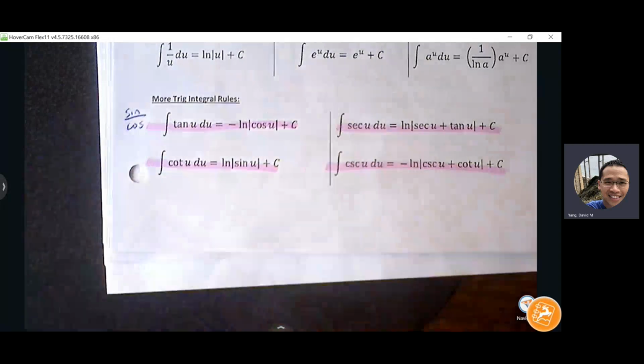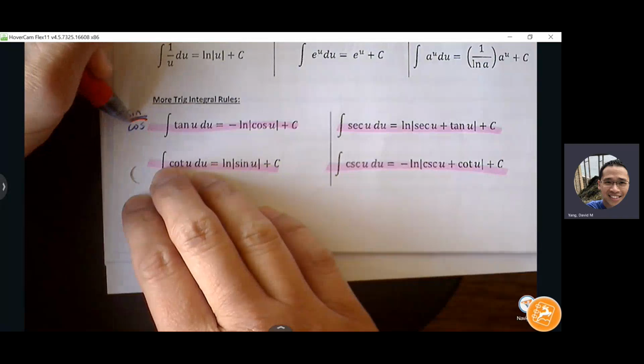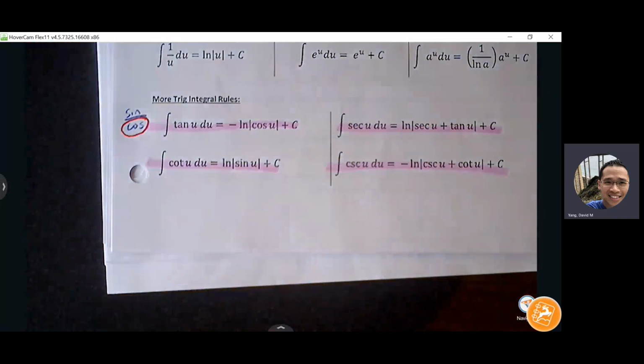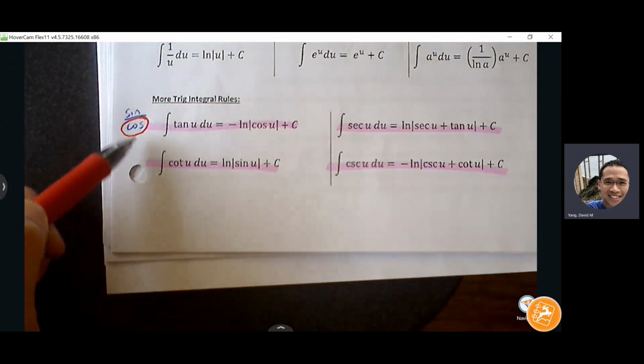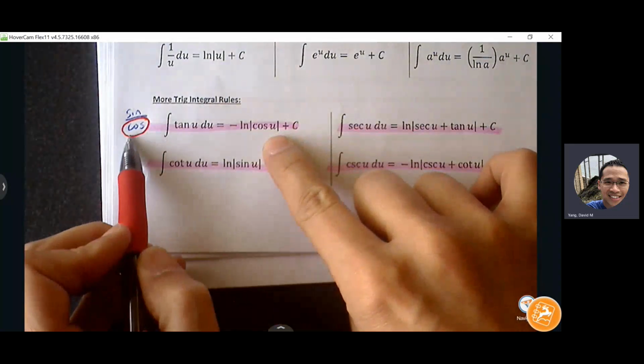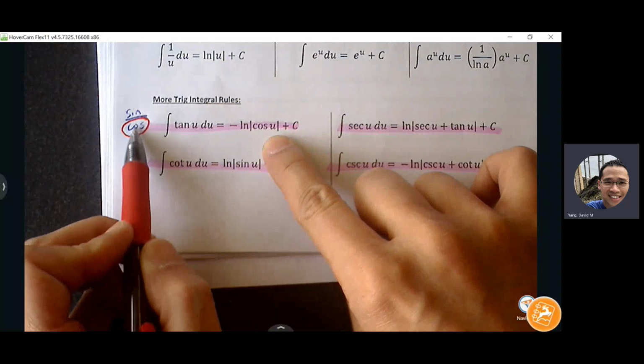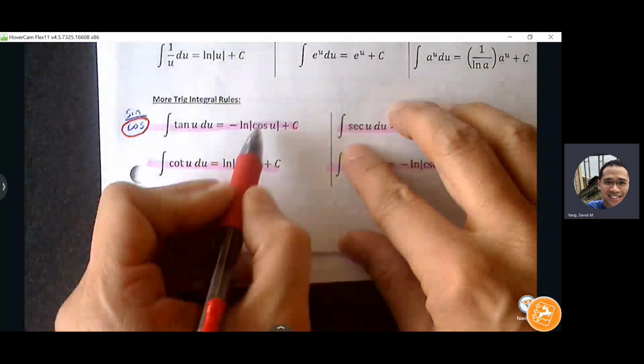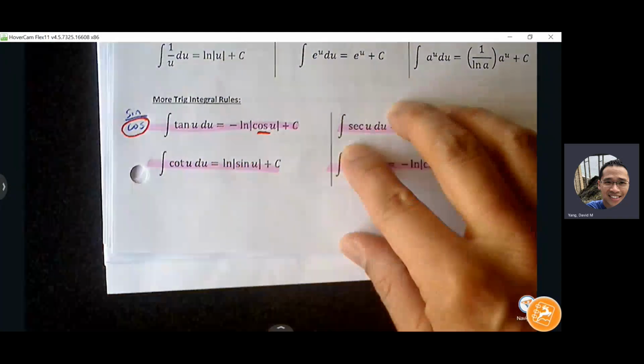Cosine becomes negative sine. If I treat it like a sine over cosine, I will choose the denominator as my u value, right? And so that's why, if I understand that cosine is in the denominator of tangent, that's why it's going to show up in my rule.